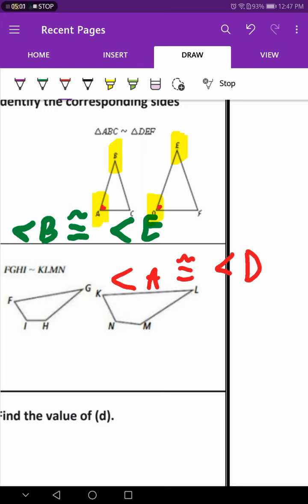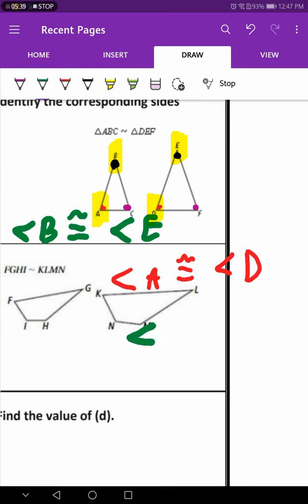So when the shapes are similar, that means the angles match between this shape and that shape. For example, as you see here, I said B equals E, the measurement of angle B equals the measurement of angle E, and the measurement of A equals the measurement of D, and the measurement of C equals the measurement of angle F. And how do we write it? Yes, bravo.